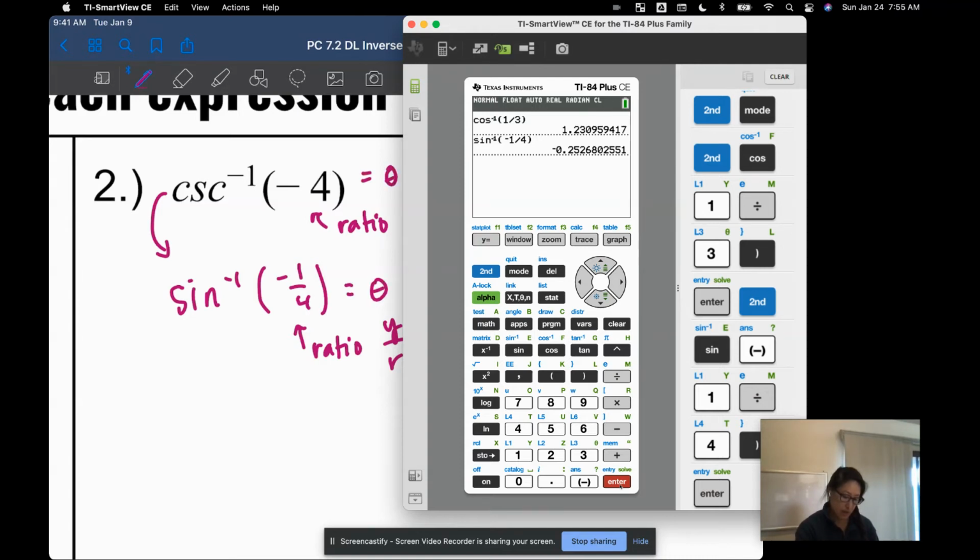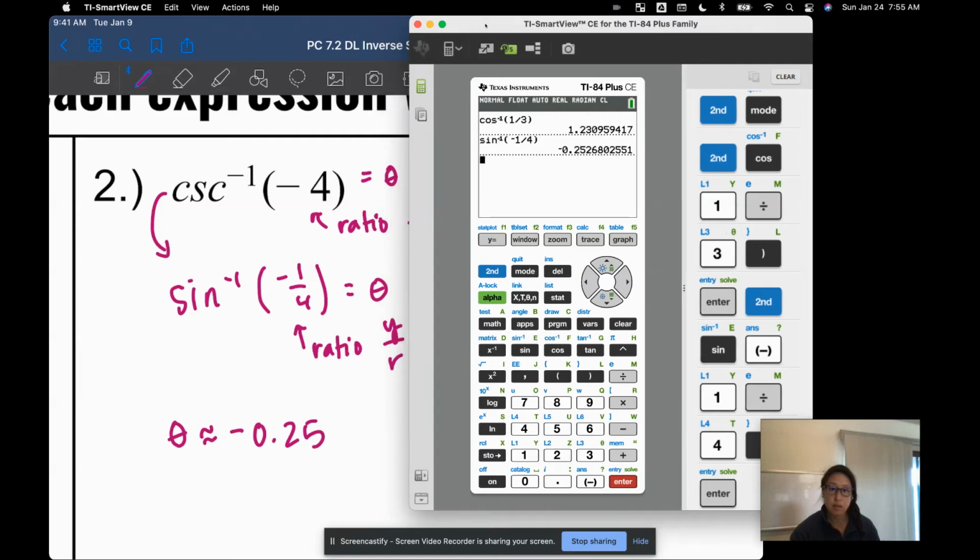And just to reiterate, this angle comes from the first or the fourth quadrant, and since the ratio is negative, it's going to come from the fourth quadrant. So my y length would be -1/4 here. So the angle that gives me this triangle is, in radians, about equal to -0.25.